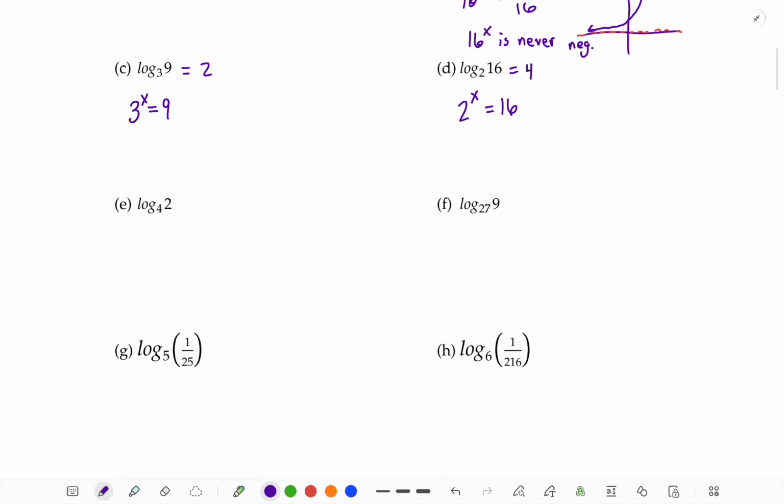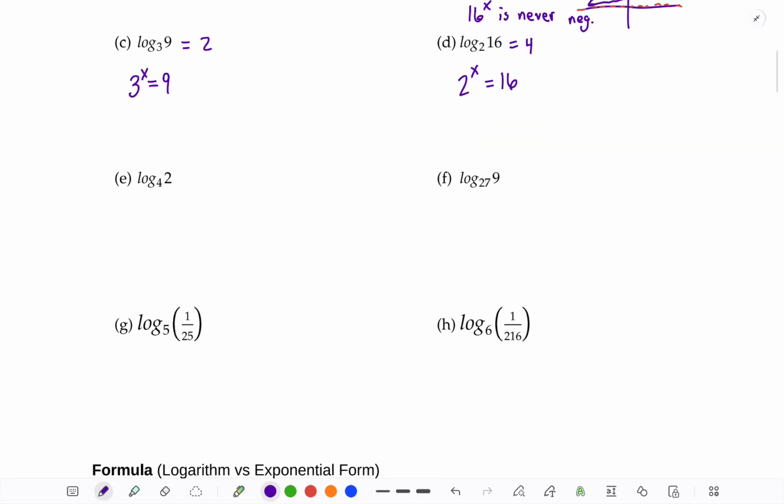Now the last 4 get a little tricky. Log base 4 of 2. Well, that's saying 4 to what power is equal to 2? That might seem impossible because it's becoming smaller, but don't forget, you can have fractional exponents. What I'm going to do is 4 is the same thing as 2 squared, so this becomes 2 to the 2x is equal to 2, which is to the 1st power.